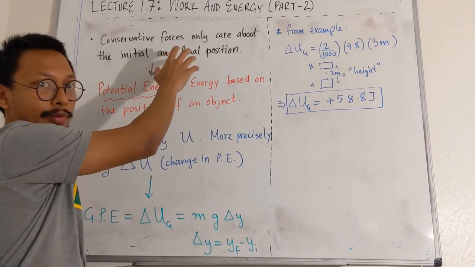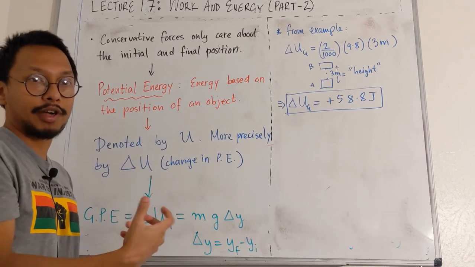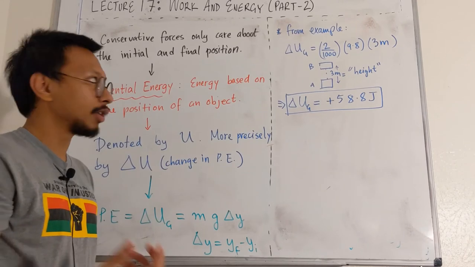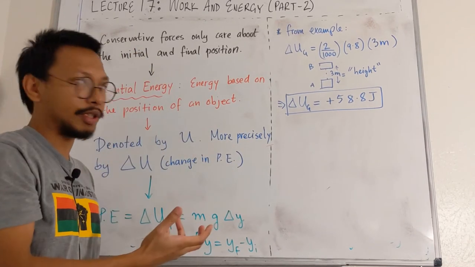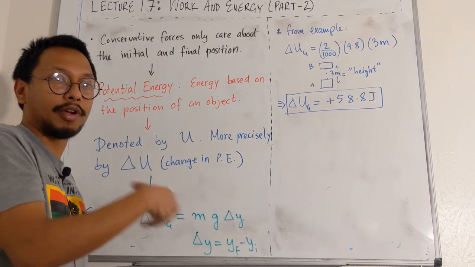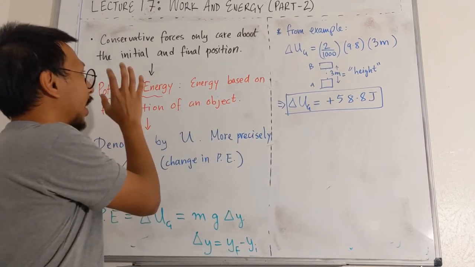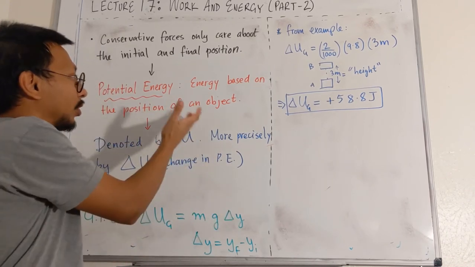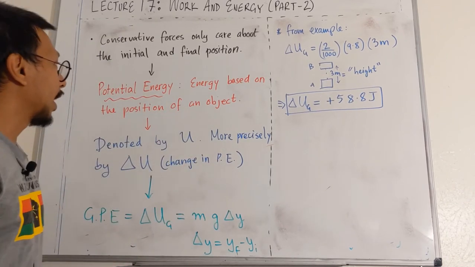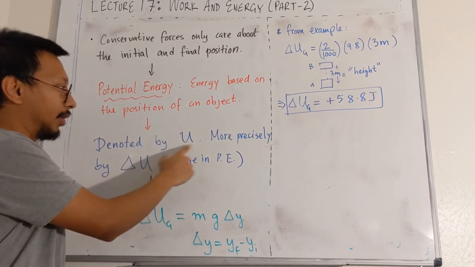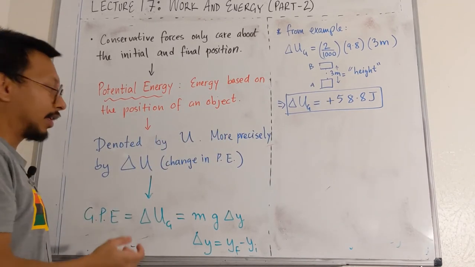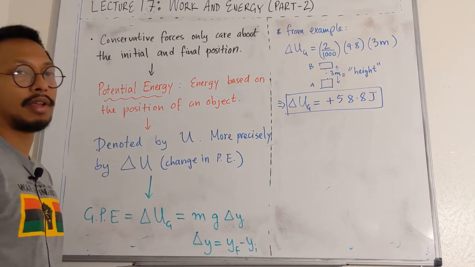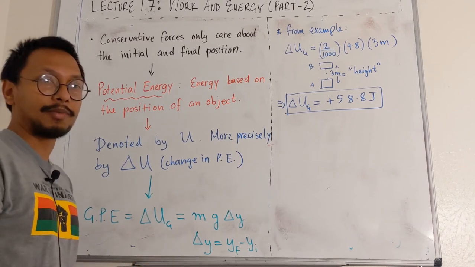Every conservative force that we will come across will have a corresponding potential energy associated with it. The potential energy is the energy based on the position of an object. Since conservative forces only care about the relative positions of the object from starting point to finishing point, they have a potential energy associated with them, denoted by U, capital U, or more precisely delta U, because when calculating potential energies, we are only ever able to calculate changes in potential energy.